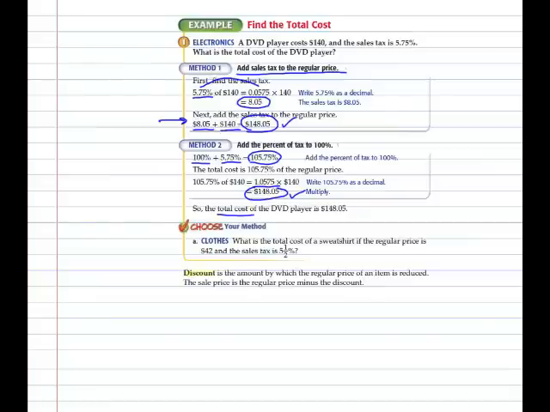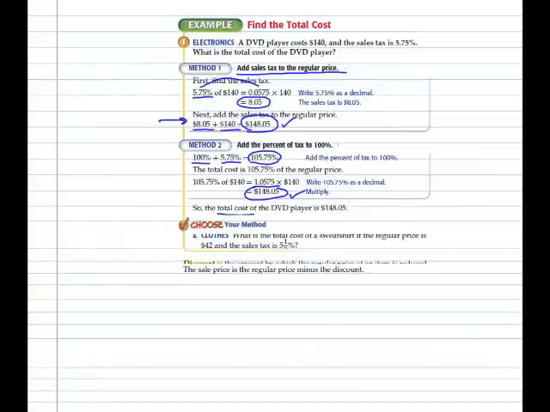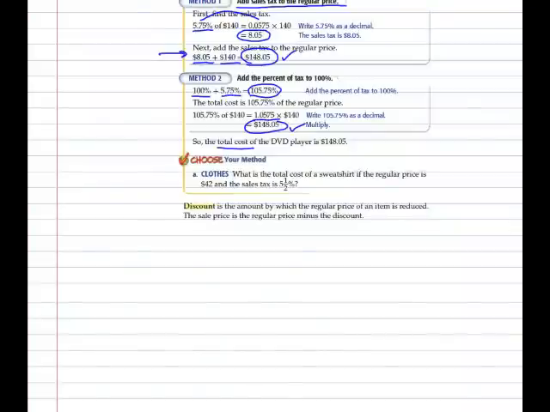Example A. What is the total cost of a sweatshirt if the regular price is $42 and the sales tax is 5.5%? So what I'm going to do is take 100%. I'm going to use method number 2 up here and add it to 5.5%, which means I'm going to pay 105.5% for my $42 item. So I'm going to change 105.5% to a decimal, which is 1.055.